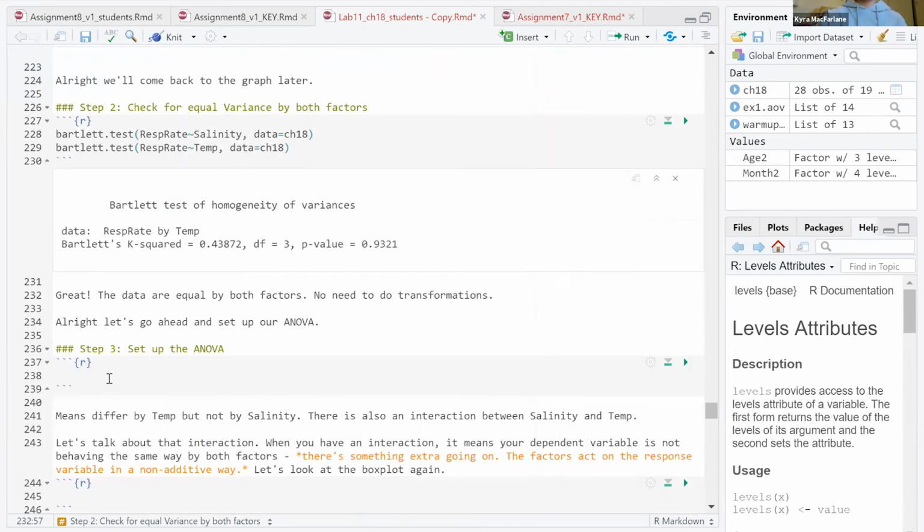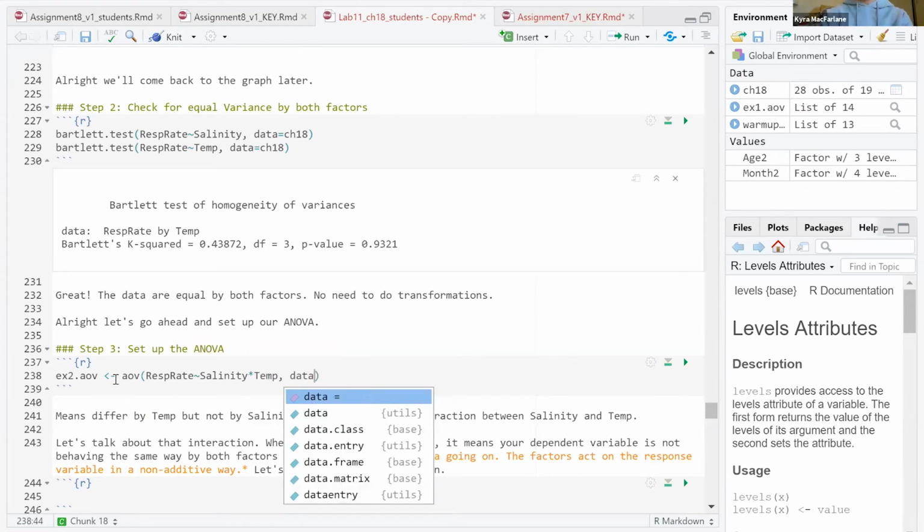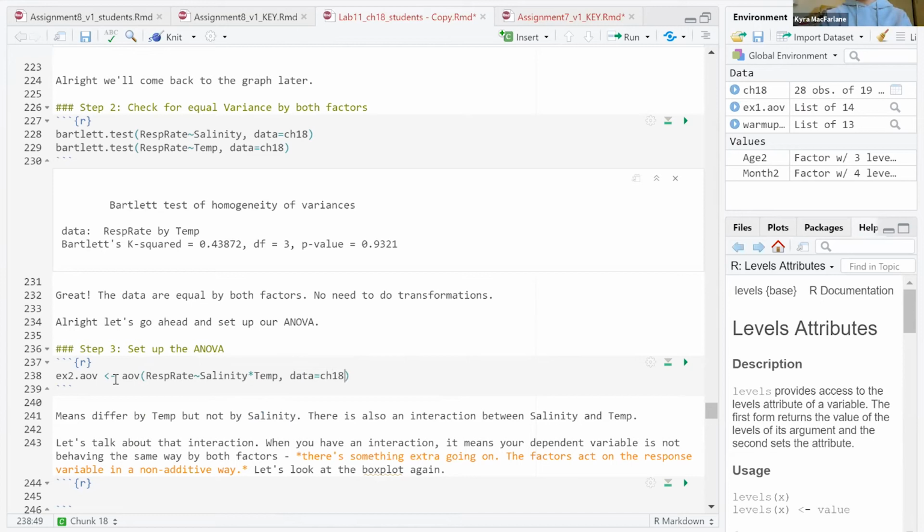So let's go ahead and do the ANOVA. So what is this? Example 2, AOV. In the AOV function, resp rate by salinity asterisk temp, comma, data equals chapter 18.